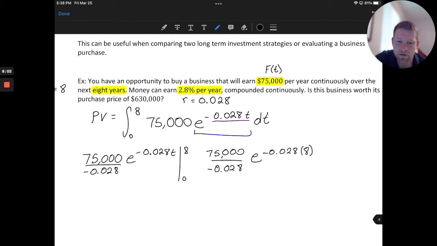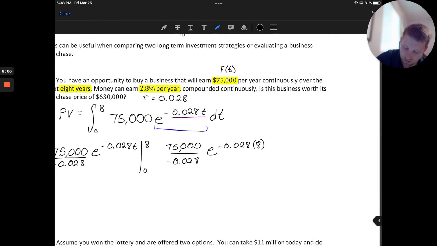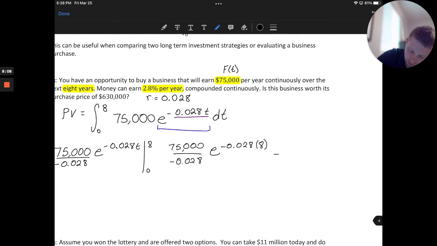And then notice that if I evaluate the expression at 0, we'll have our same value, 75,000, divided by negative 0.028, and then e raised to the 0 power if t is equal to 0 there. Now, e to the 0 is 1.